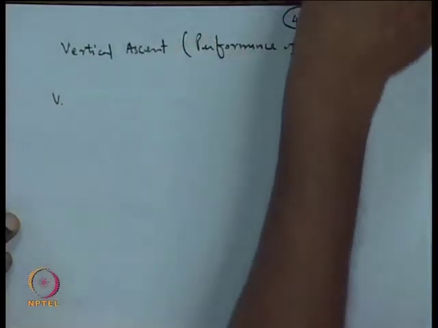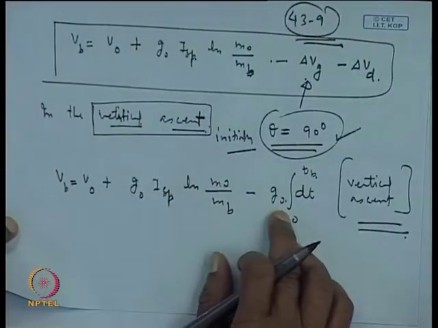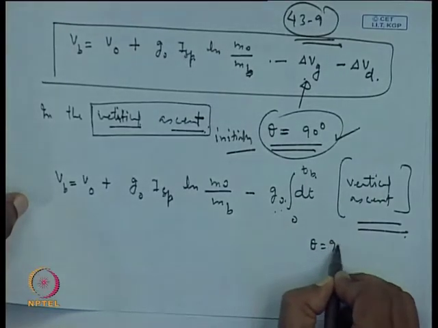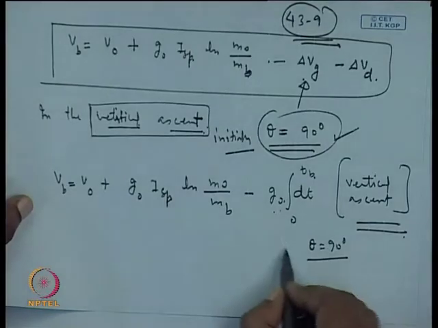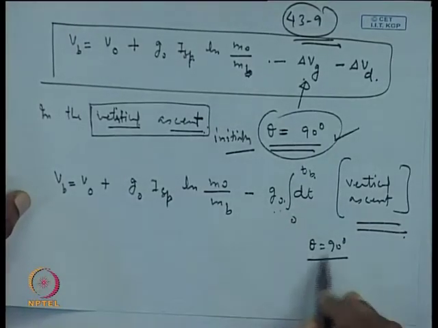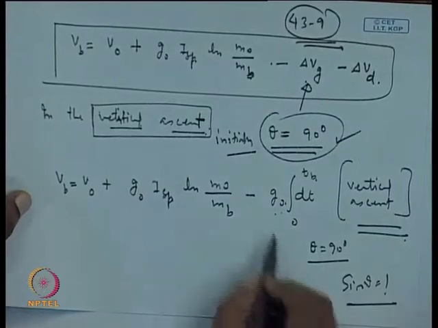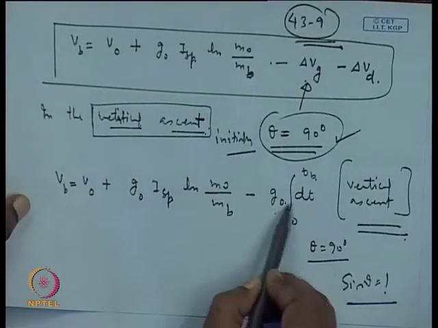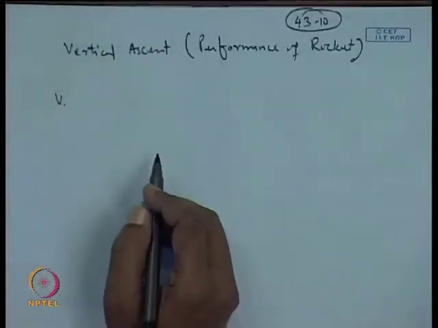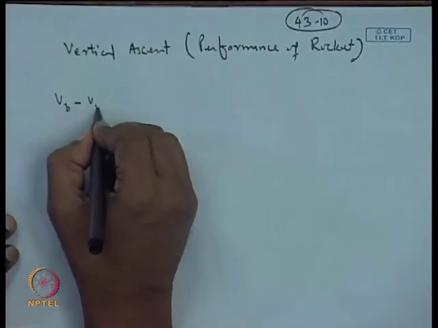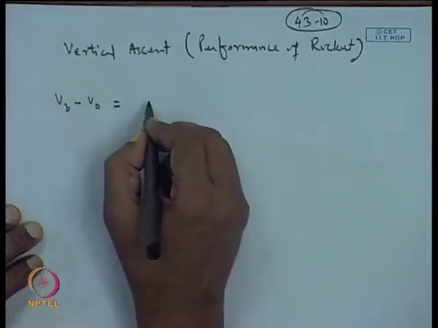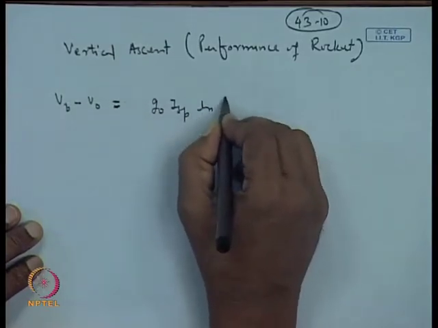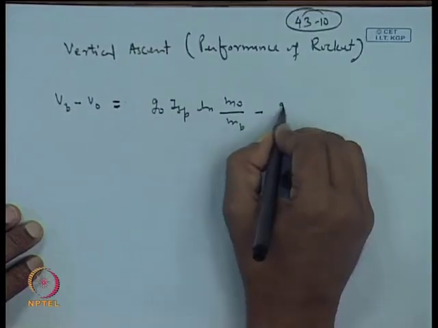So, from the previous equation, the equation that we have written after removing the drag term, and for the vertical ascent we have put theta equal to 90 degrees throughout, and therefore sin theta is 1. Okay. So, the sin theta has been taken out of the bracket by putting it equal to 1, and we have this quantity. Now, V v minus V 0 can be written as g 0 I s p ln m 0 by m b minus g 0 t b.